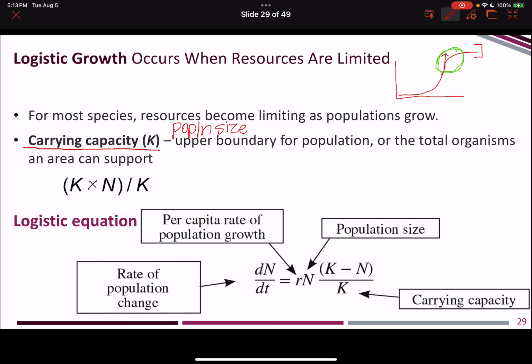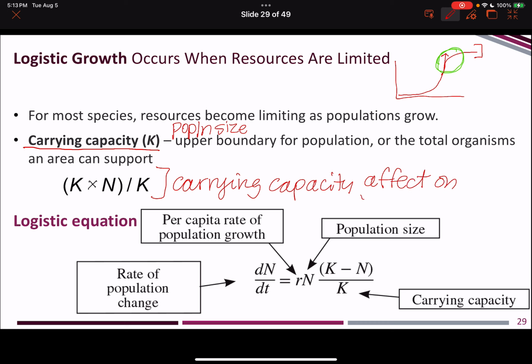And so if we want to calculate our population growth rate, when resources are limited, we have to include this carrying capacity effect on growth.